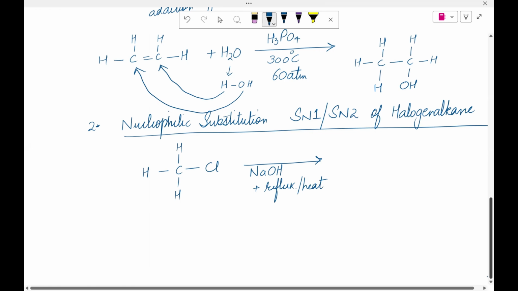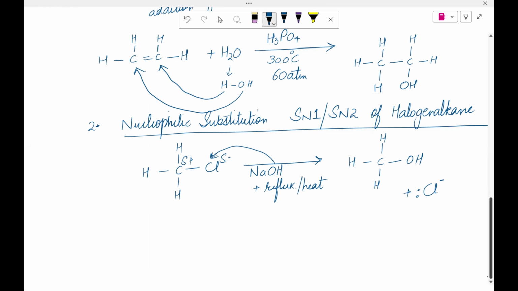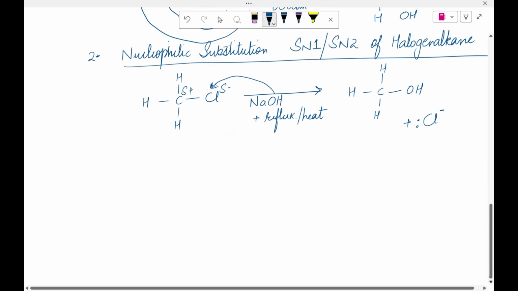We know this OH is going to replace this chlorine, which is having partial negative charge, and this carbon has some partial positive charge. So we know that OH is going to attack on carbon. So it is going to replace it, forming OH like this, and chlorine is released from it like this. Is that fine? Yeah. Okay.